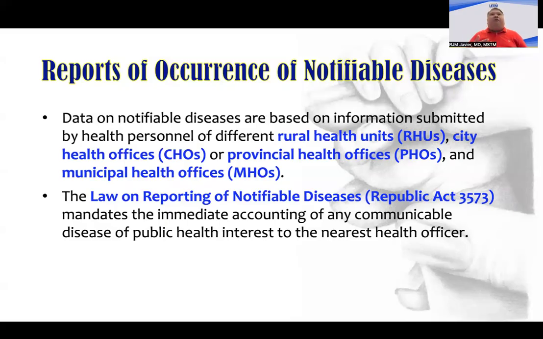So even before the COVID-19 pandemic became a reality for all of us, there are already existing laws that will require physicians or healthcare professionals to notify health authorities or local government units if there is a particular communicable disease that is happening in their area of geographic locality.